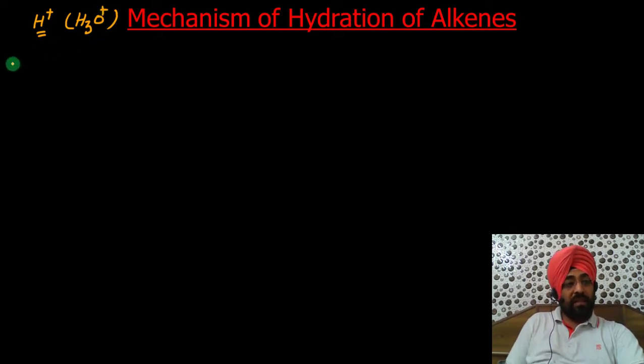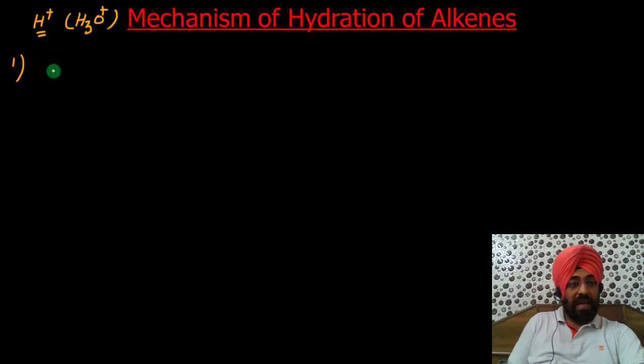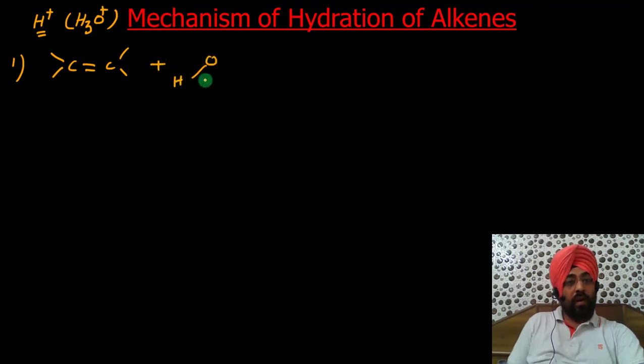So the first step is addition of acid to alkene, which is an electrophilic addition step, plus H3O+. Now this is positive charge, this is acid.